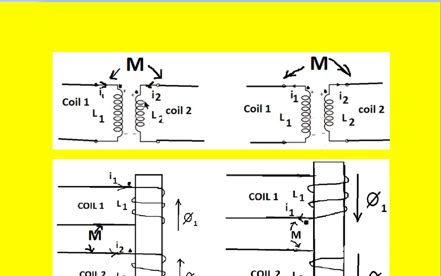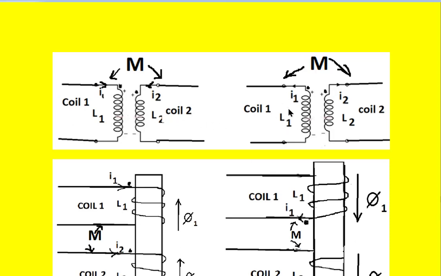It can be seen here, this is coil 1 and coil 2, and their self-inductances are L1 and L2. Here coil 1 carries the current I1, so current is entering the dot here. Similarly, I2 is entering the dot here, then flows through the coil.